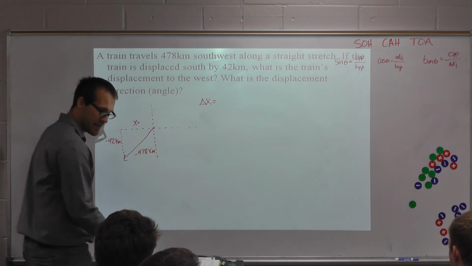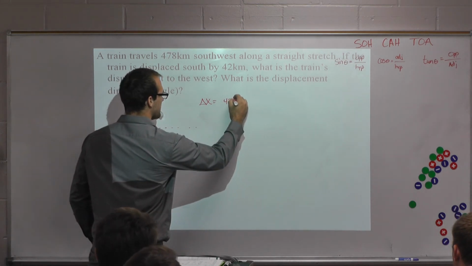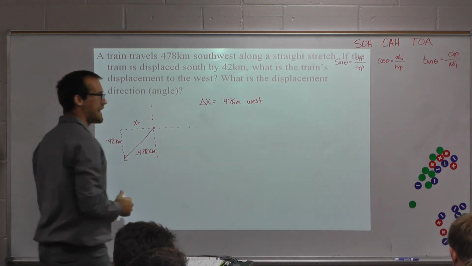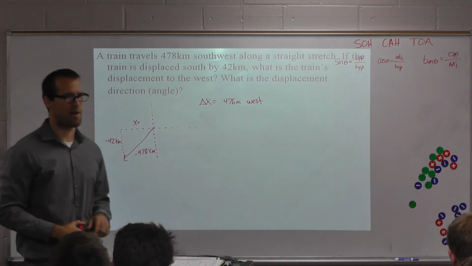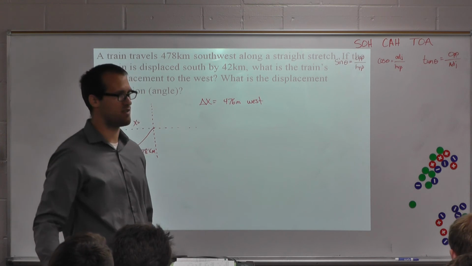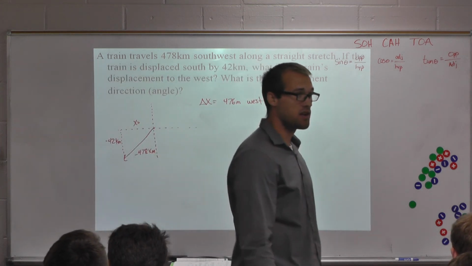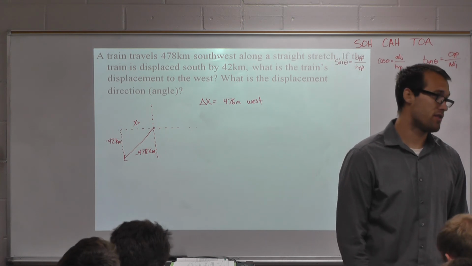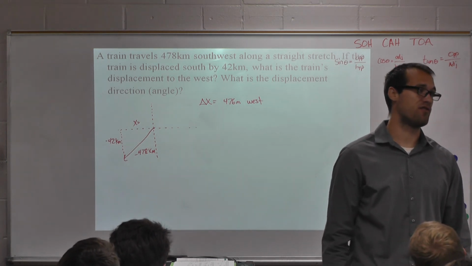You should get 476 meters west, or negative 476. The reason I put west is because negative 476 could mean two directions, west or south. So it's always better to put the actual direction versus the sign.